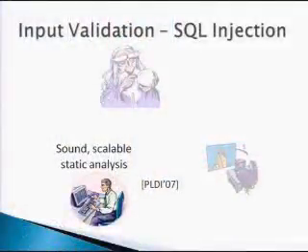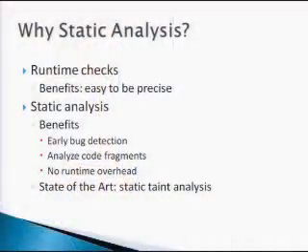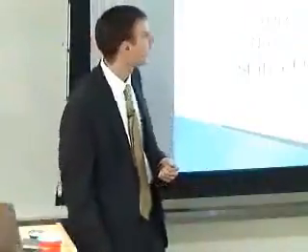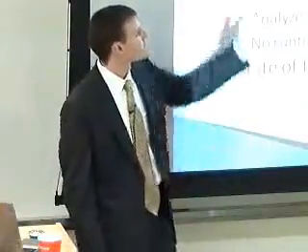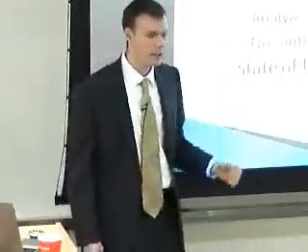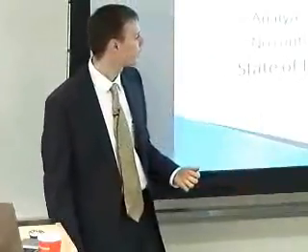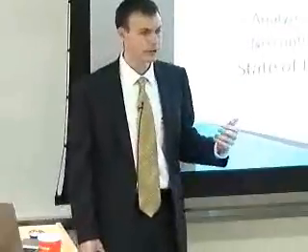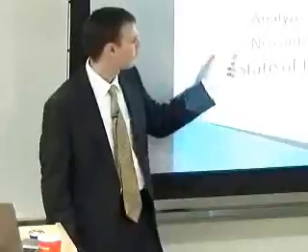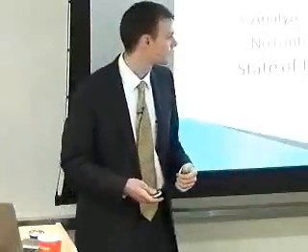Okay, so now how do we check statically? I guess the first question, and this is probably an audience I don't need to work hard to convince, is why do static analysis? At runtime it's easy to be precise, but statically we can detect bugs early, we can analyze code modules, and if we can determine that the input validation is sufficient, then we don't have to add a check for the whole query.